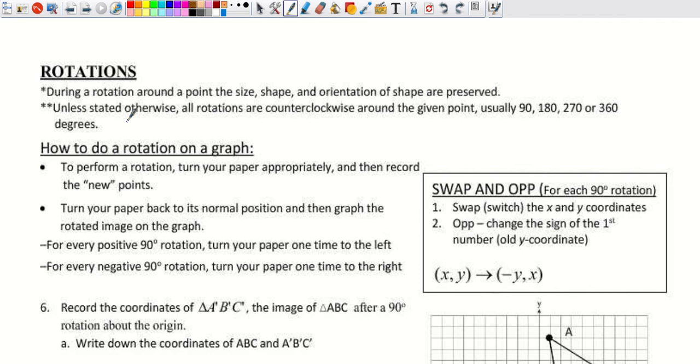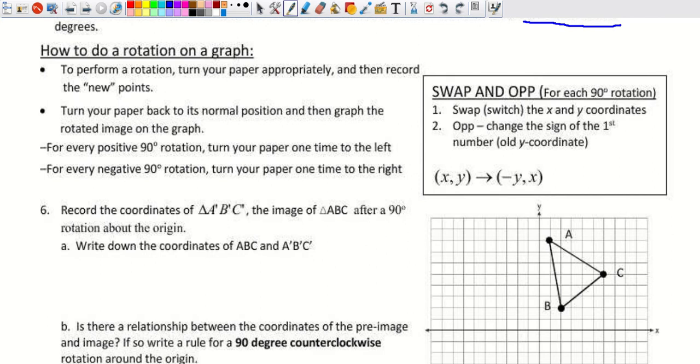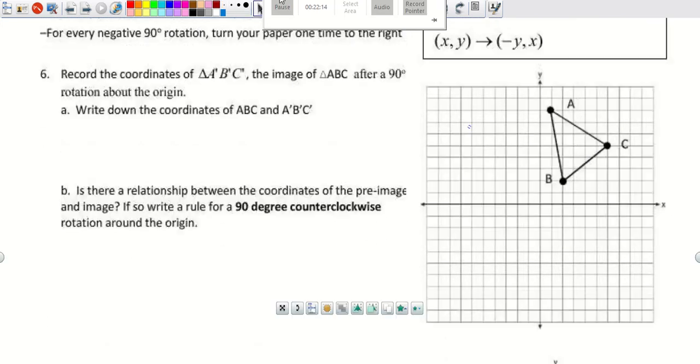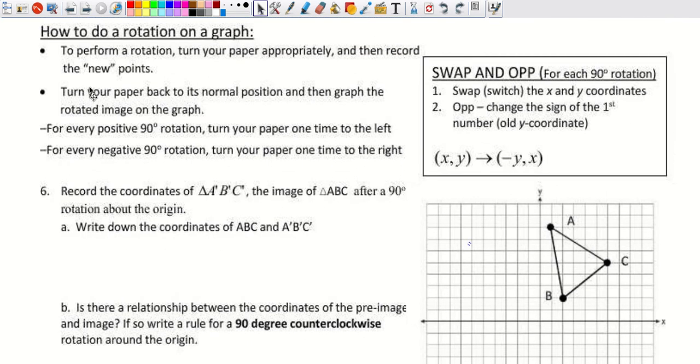In a rotation, we're rotating around a single point called the center of rotation, and the orientation is going to stay the same, and the size and shape are going to stay the same. So this is a rigid motion that preserves orientation, and unless we're told otherwise, we're going to be rotating with multiples of 90. So 90, 180, 270, 360. There are two ways to do this on your graph. The first way is Miss Yostros's method, which is swap and op.